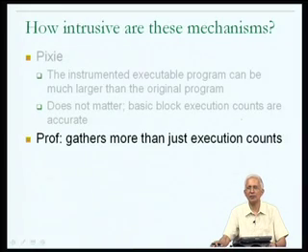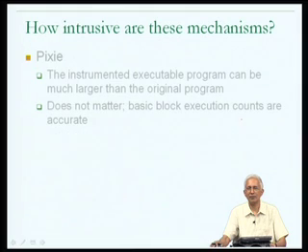And therefore, we don't have to worry about Pixie as far as the accuracy of the counts is concerned. It does not matter because the basic block execution counts are accurate. Okay, so Pixie instrumentation will increase the size of the program, possibly substantially, but we don't have to worry about it because this does not affect the accuracy of the counts.